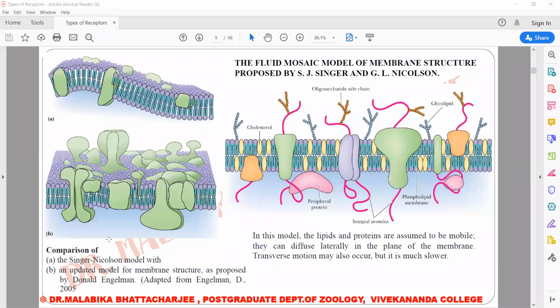You see how the proteins are protruding. The green parts are the proteins. So the proteins are present in a mosaic manner. This was a small update done over the Singer-Nicolson model by Donald Engelman. As per your syllabus, we will stick to the Singer-Nicolson model.